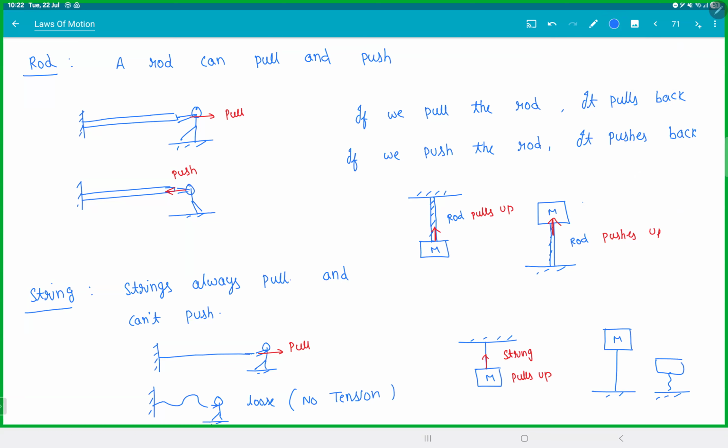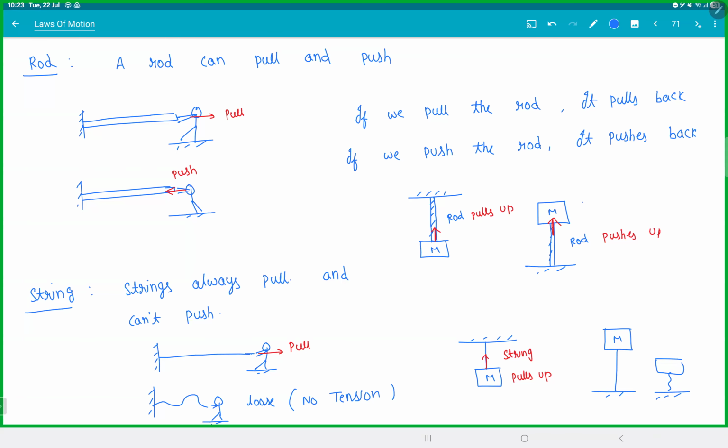The string cannot push back. Clear with this? Now, regarding the spring force, we will see that at the end of the chapter. That is a little different topic. So basically, we will currently deal with only normal reaction and tensions for some time. Then we will talk about spring, and in the next chapter we'll talk about friction.